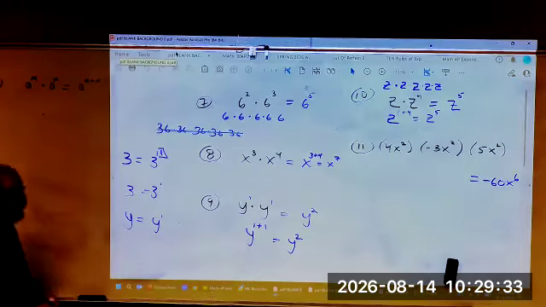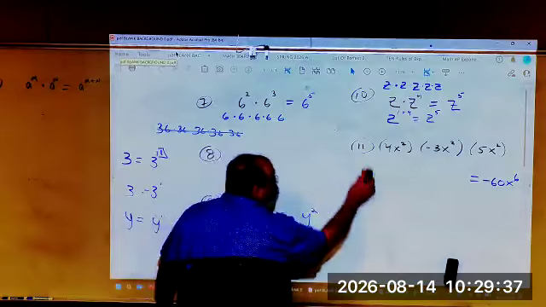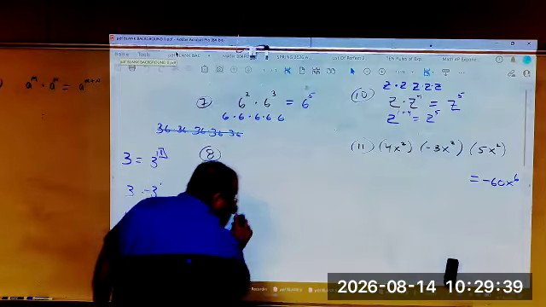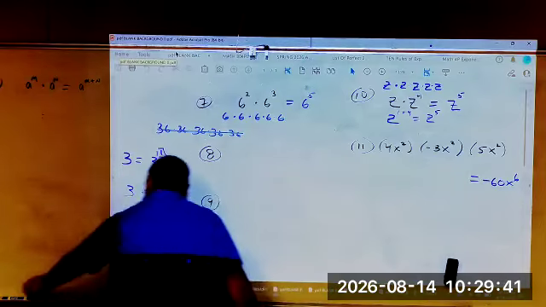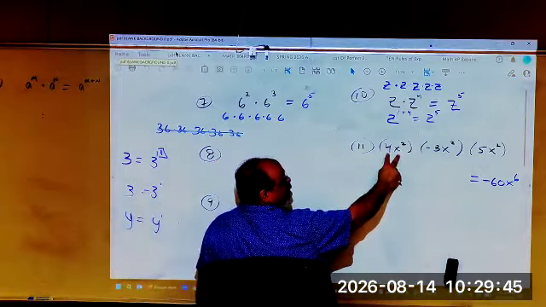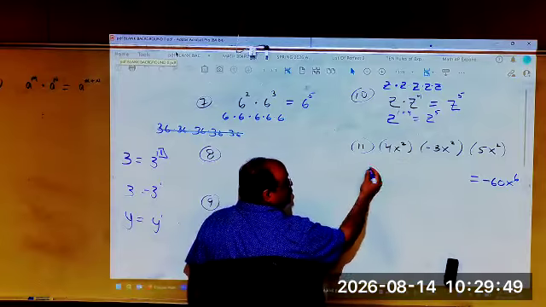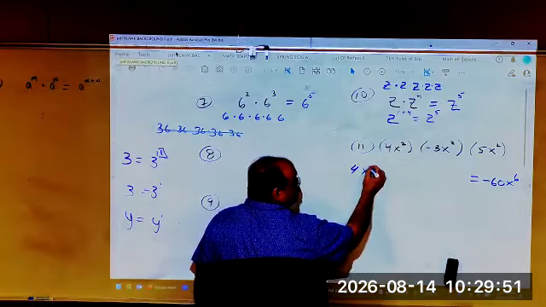Okay. Here are the rules of order of operations. You're supposed to do what's in the parentheses first. Well, 4 times x squared, there's nothing else you can do. That's simplified, so I can just drop the parentheses. That's a 4 times an x to the second.